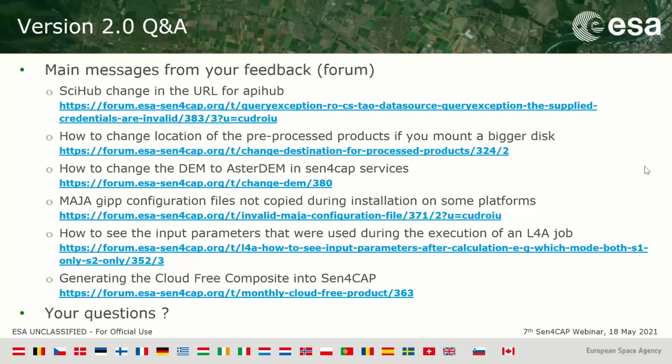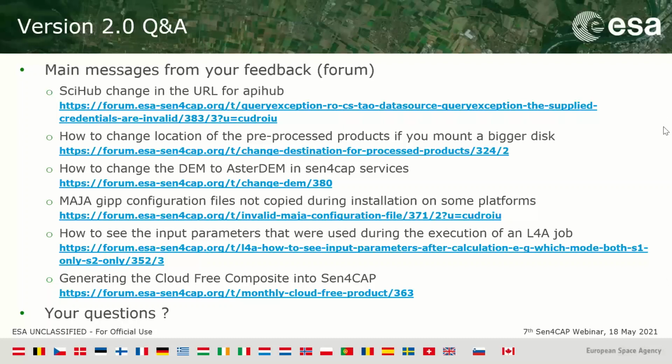As you might know, the Sci-Hub data source in Sen4CAP system has two possible configurations, AP Hub and DHUS. To be noted that this issue with ESA change affects the configurations that are using AP Hub.